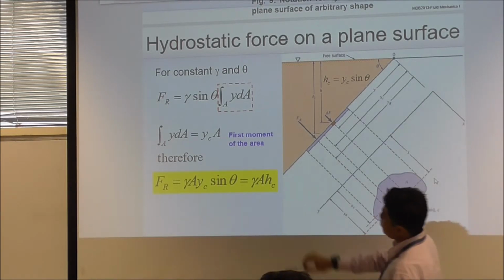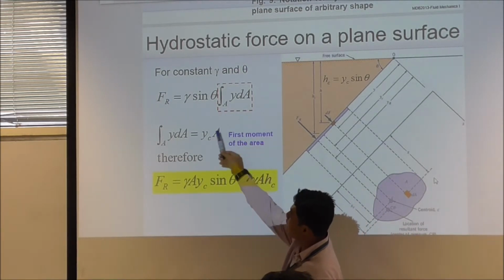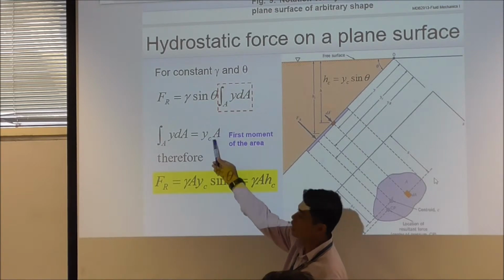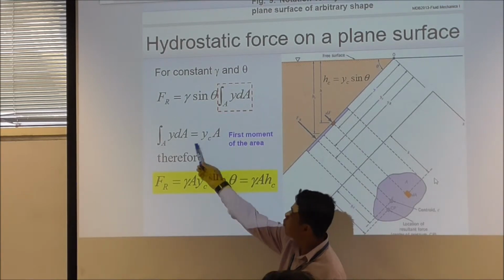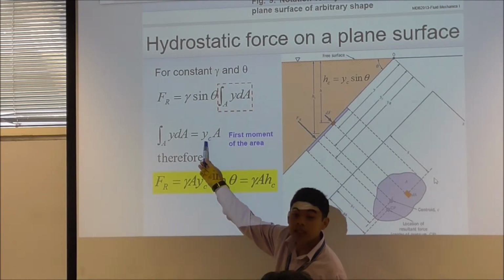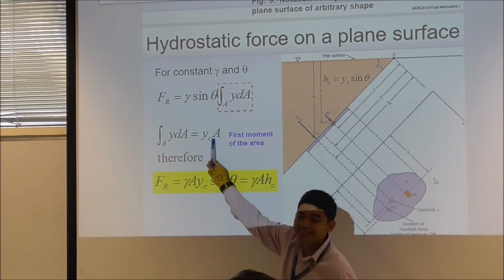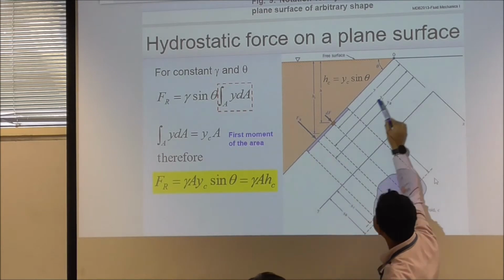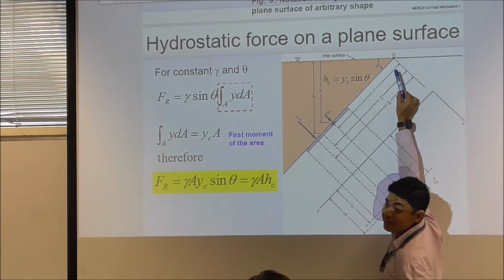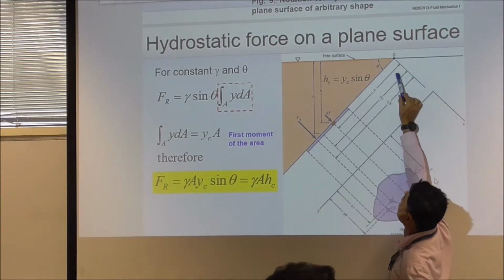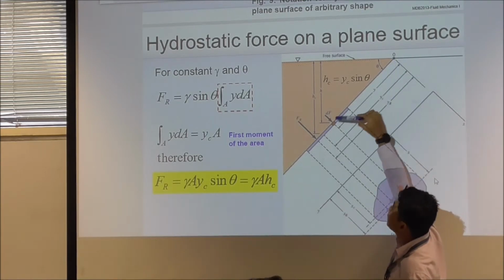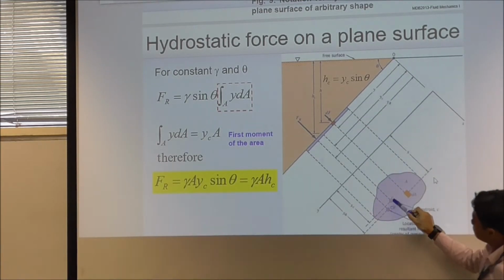Okay, so the first moment of area is defined as YC times A. So what is YC? What is YC? YC is the centroid. It's the direction from the point back to the centroid.